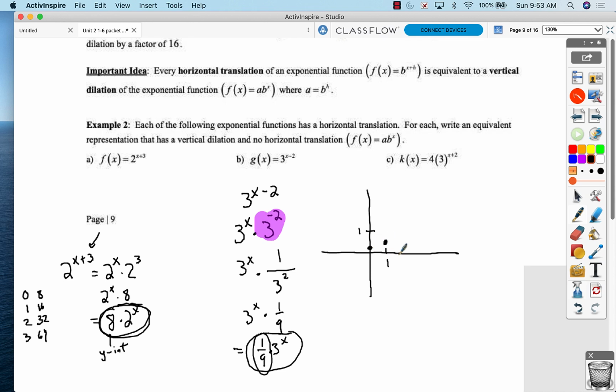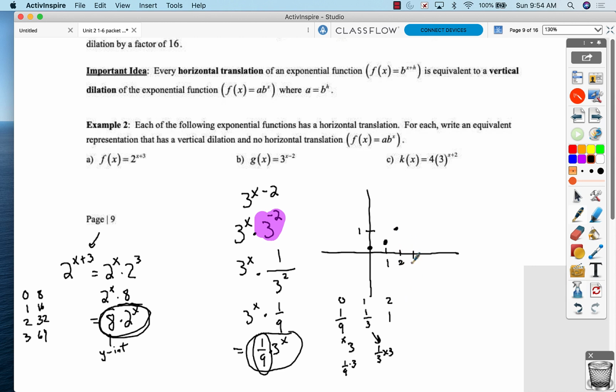Not that big of a jump, because if you start at 1/9, the next term is going to be 3 times higher. So you do 1/9 times 3 is 3 over 9, so your new term is 1 over 3. So this is the term for 1. Now you're going to do 1/3 times 3, because every term is going up by times 3. So when it's 2, you get 1. You see how it works?